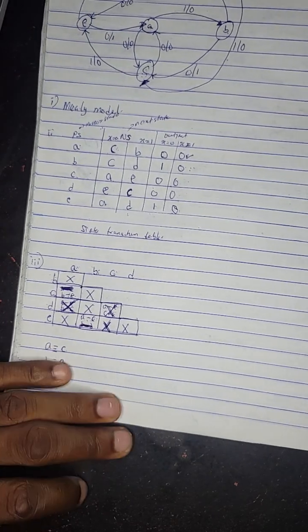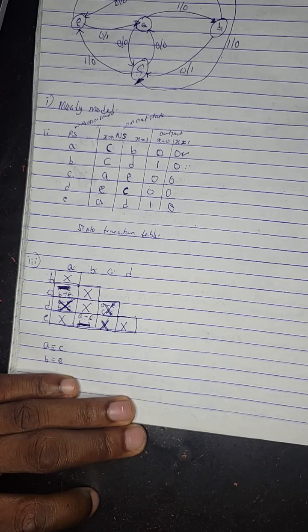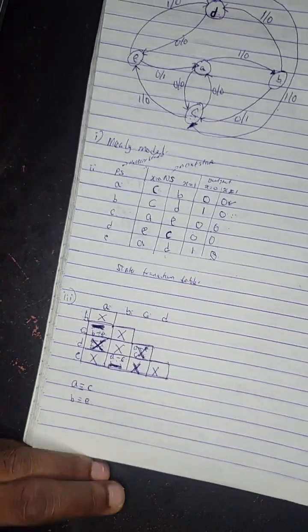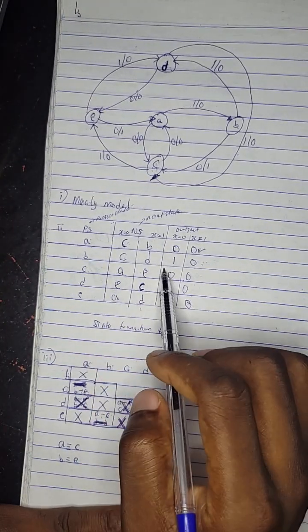So now we're asked to draw the resulting transition table. The resulting transition table, we are going to get it from here.